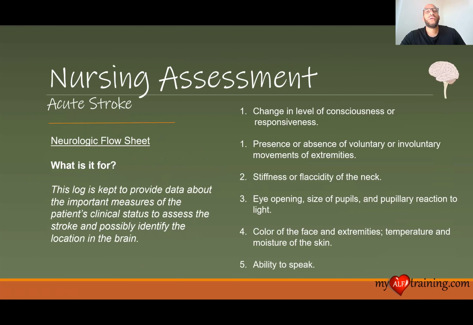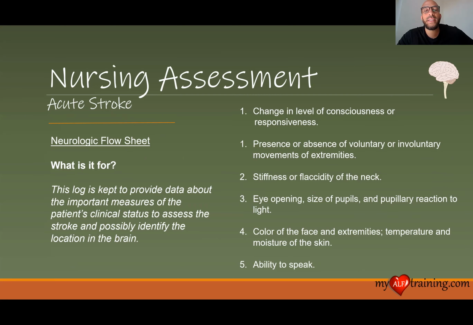Okay. Nursing assessment. So, just to introduce to you, when you believe your patient may be having a stroke, what can you do? What should you do? Well, you can have what they call a neurologic flow sheet.